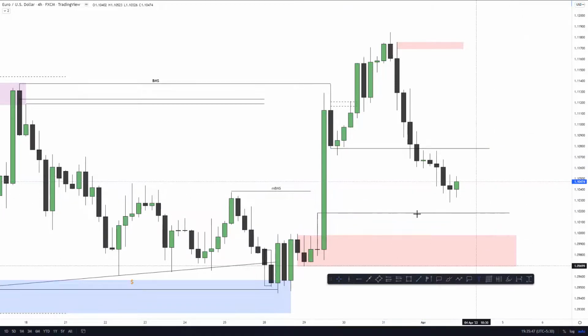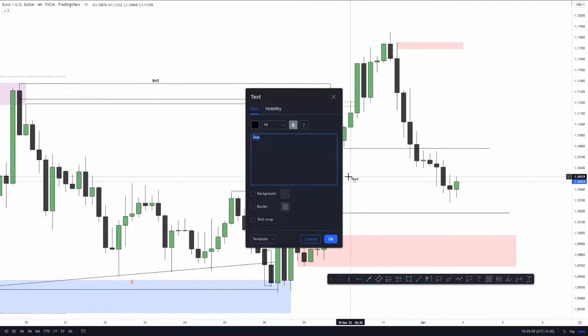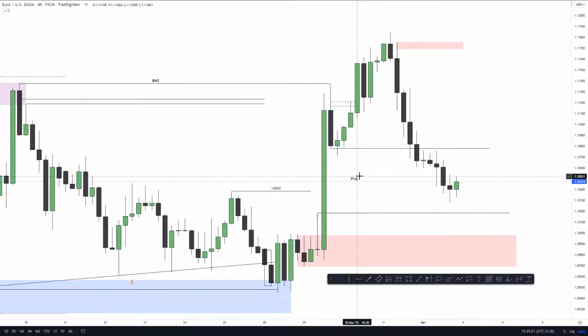So we have this last fair value gap around here. What the market can do on the 4-hour time frame is come here, fill this fair value gap and then go for buys again.